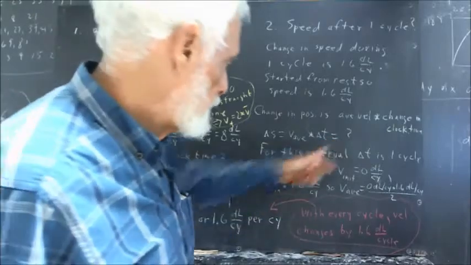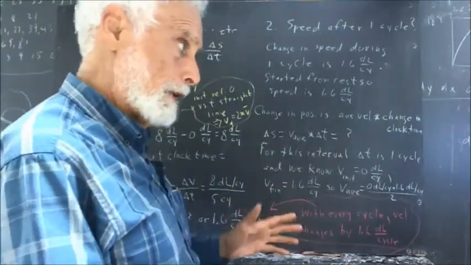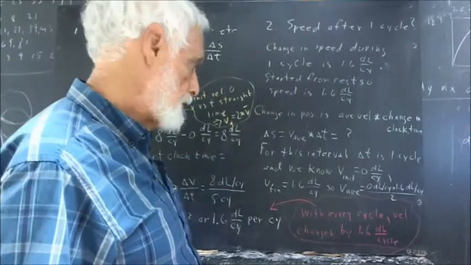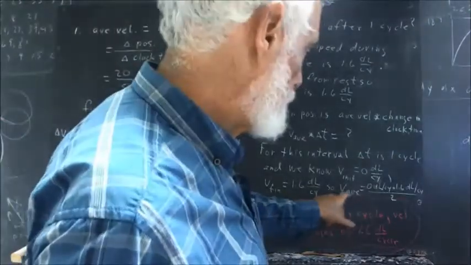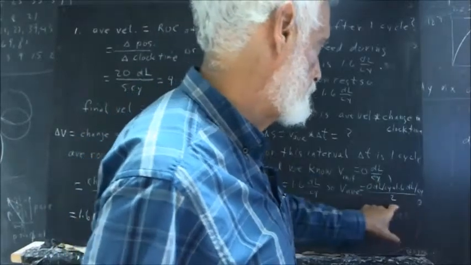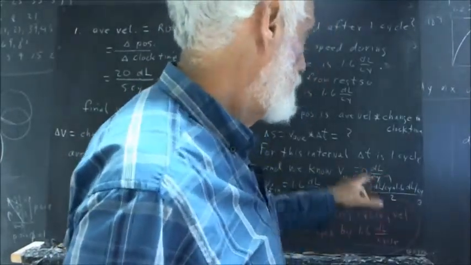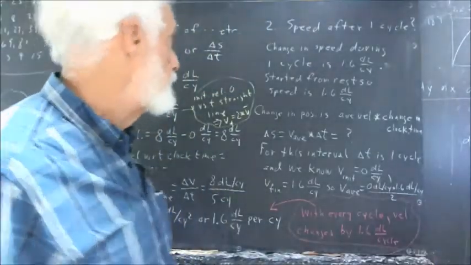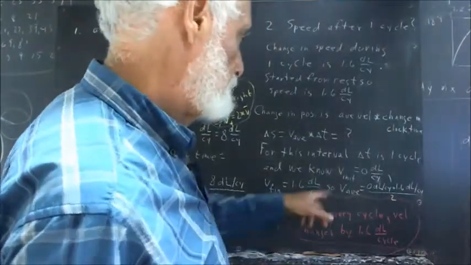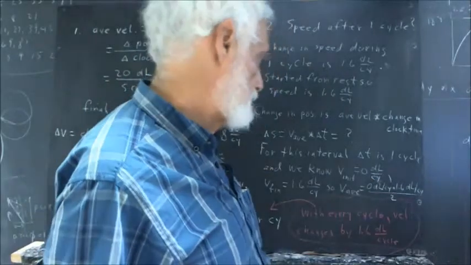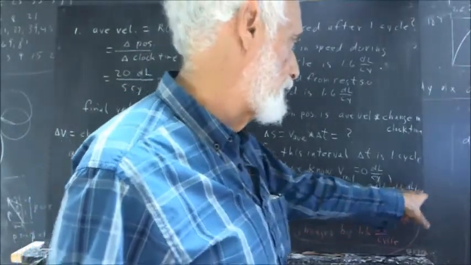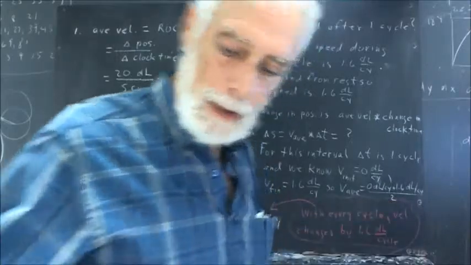Well, if we know the initial and the final velocity on the interval, and we know that the V versus T is a straight line, then we know that the average velocity is obtained by adding the initial and the final and dividing by 2. In other words, just averaging the initial and the final. Having done that, we add the 0 nominal lengths per cycle to the 1.6 nominal lengths per cycle, divide by 2.